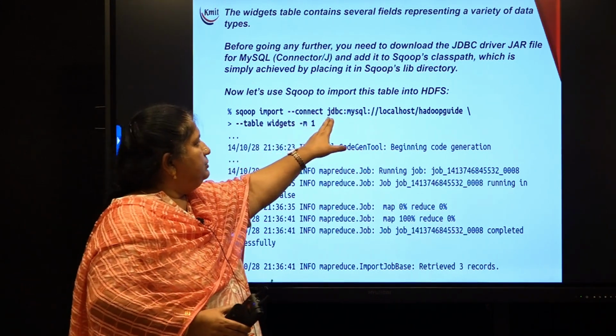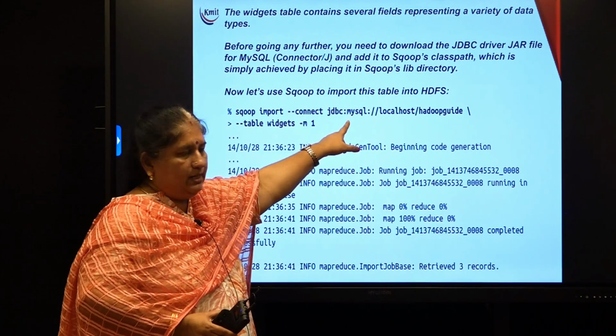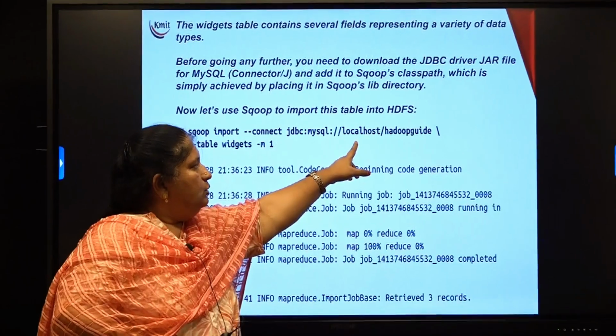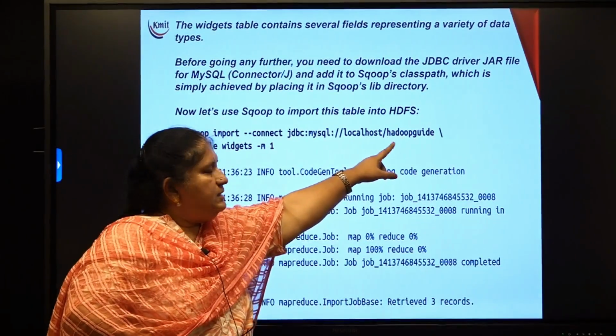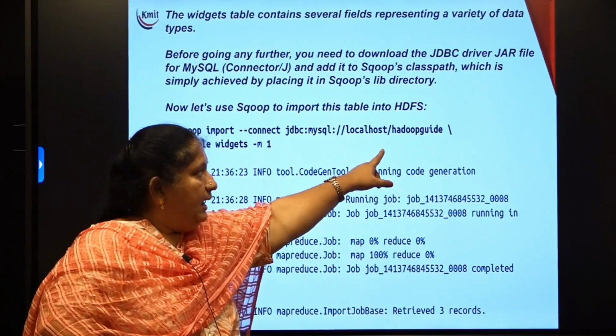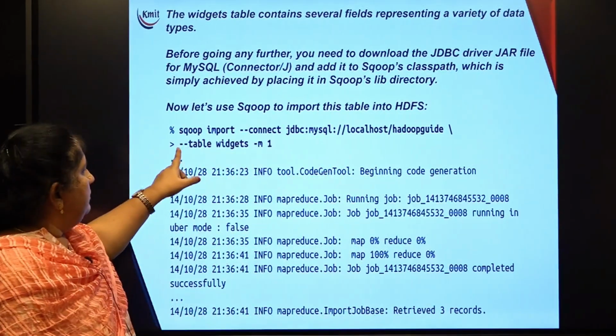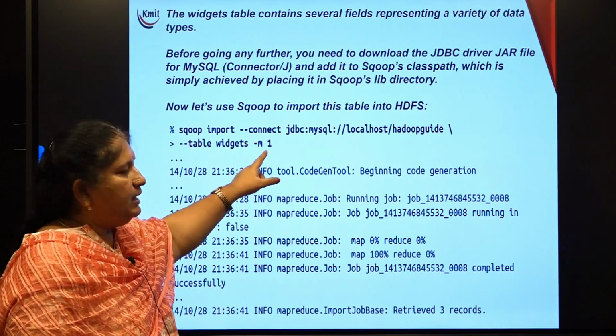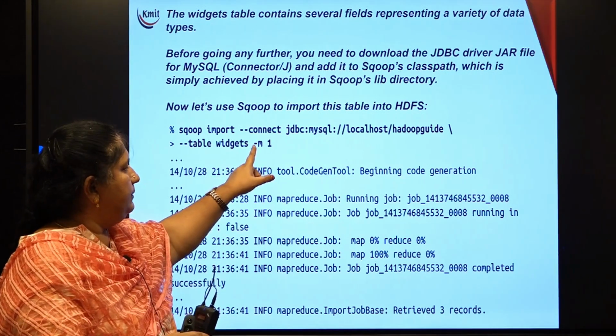You are connecting to JDBC, which will work with MySQL. Where is the entire thing? On localhost. What is the database name we created? Hadoop guide, and the table name is widgets. I will talk about this -m1 a little later.